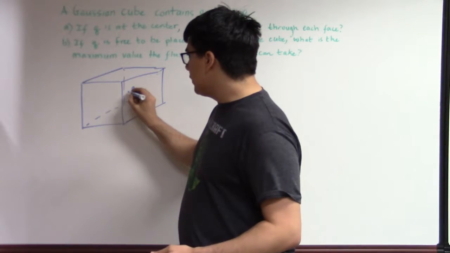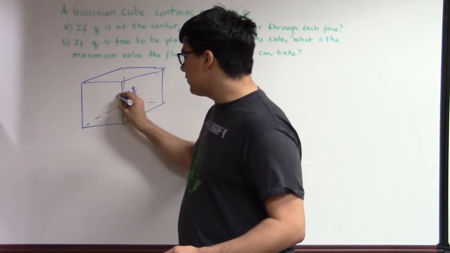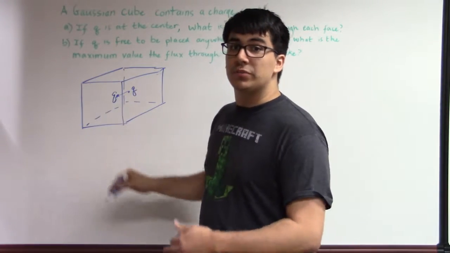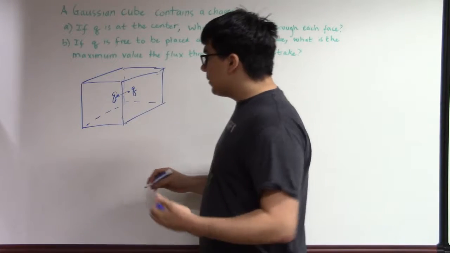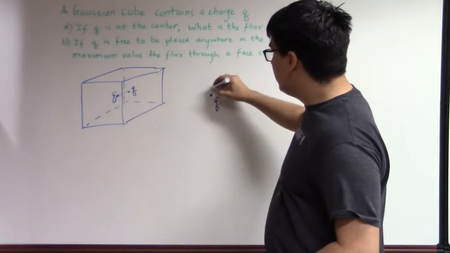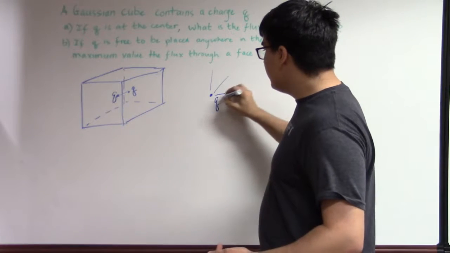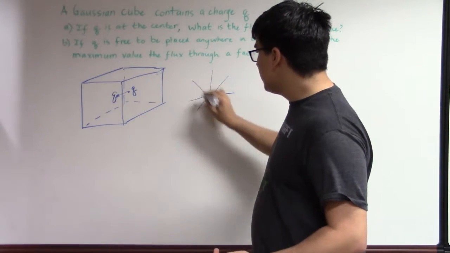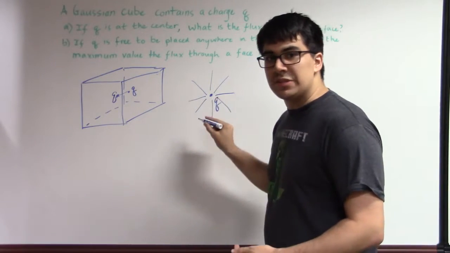If I took q and I took it closer to the front face, the flux through that face is going to be greater. The reason is because the electric field of q is going to have field lines, right? And the closer you are to the charge, the more dense the field lines become.